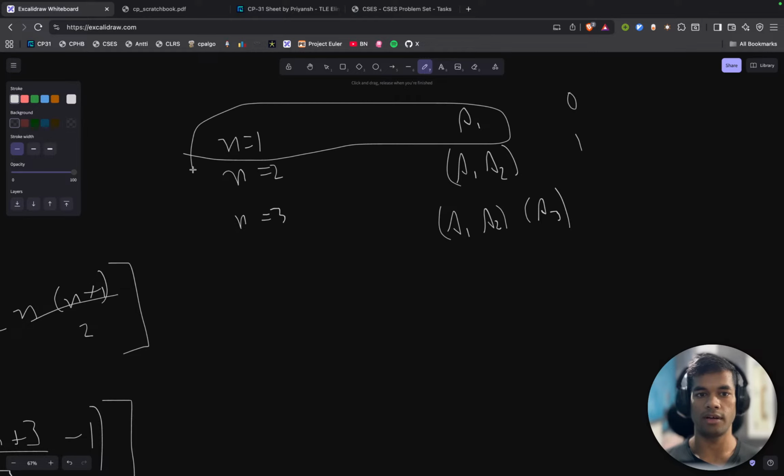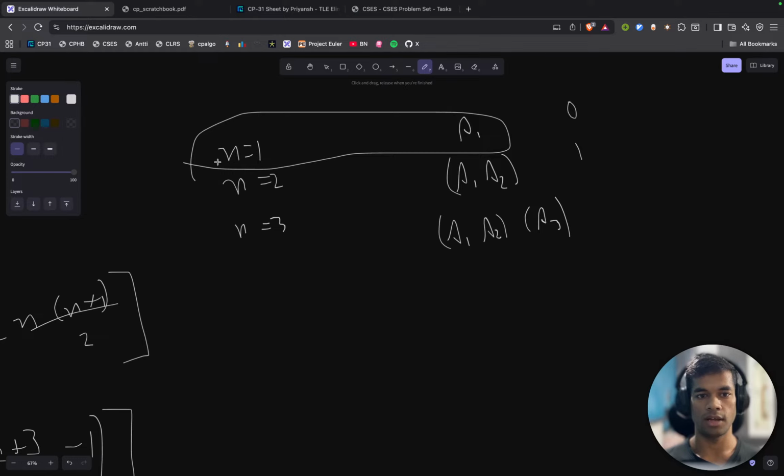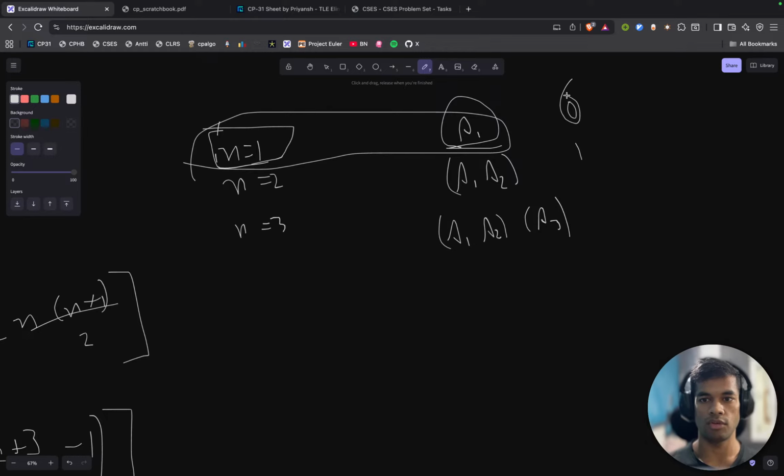Let's define a recursive function. We have seen a pattern. So we are saying that when n equals 1, the answer is 0.